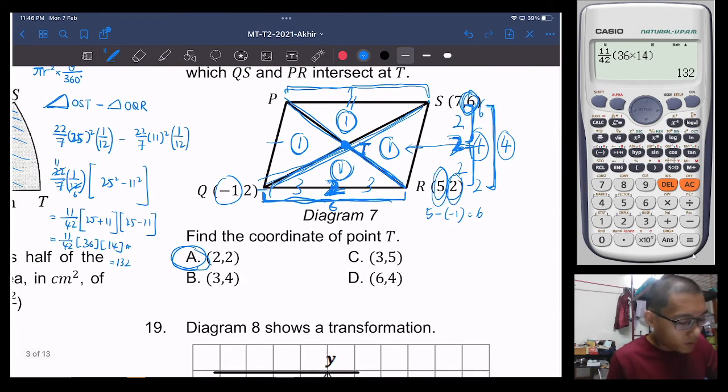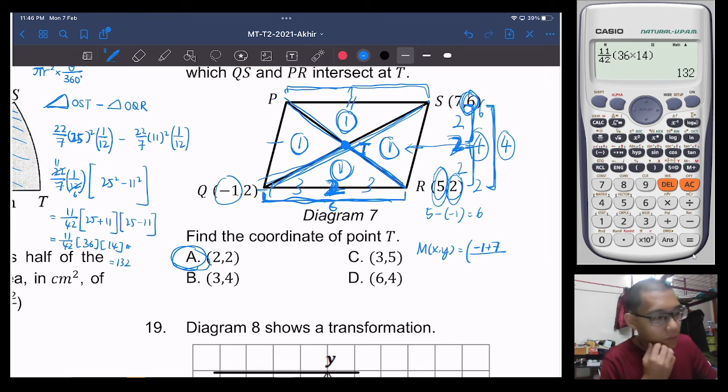Find the midpoint of QS. How to find the midpoint? Let's say the midpoint (x, y) is equal to, for the x coordinate, negative 1 plus 7, and for midpoint we use plus because we need to find the average, so negative 1 plus 7 divided by 2.